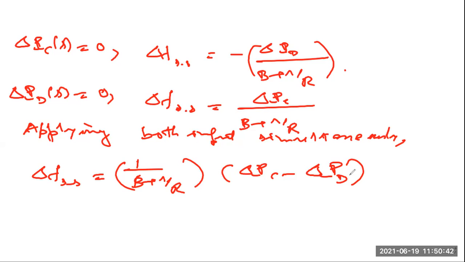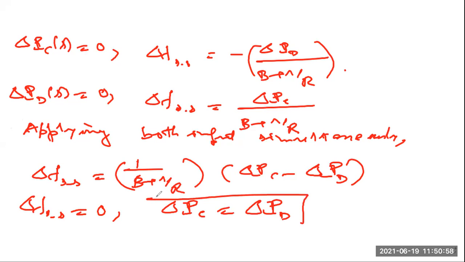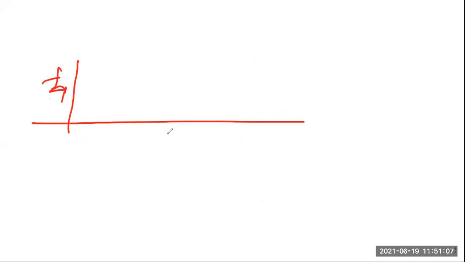Yes, sir. Okay. So when this delta F steady state error will be equal to 0, so delta F SS equal to 0 means your delta PC should be equal to delta PD, because steady state error means there is an error. So for example, let us say this is the frequency curve, frequency with respect to time, and this is your standard frequency, that is 50 Hertz. Let us say that is the standard line.